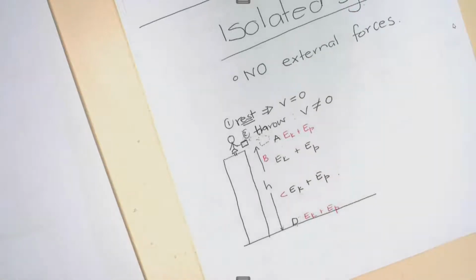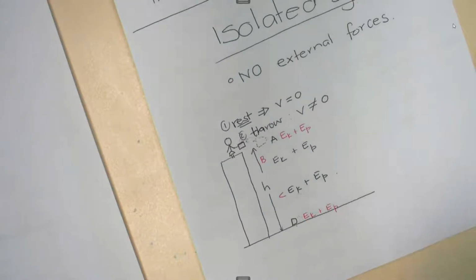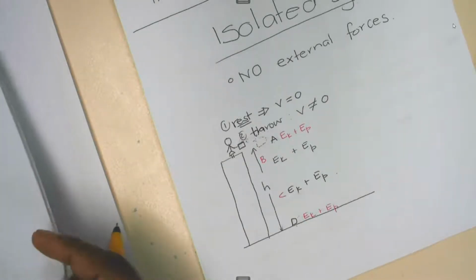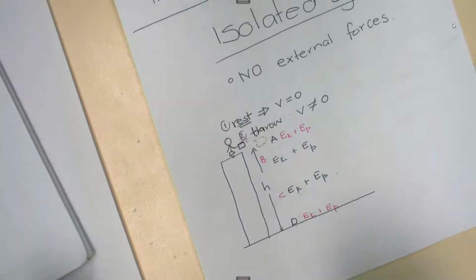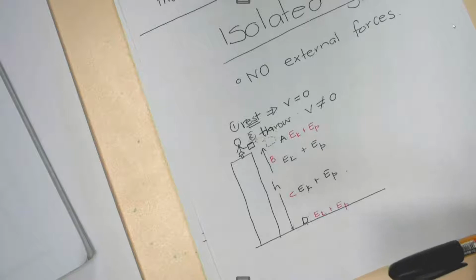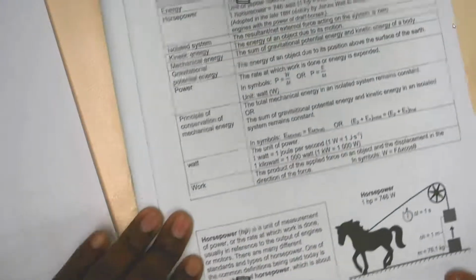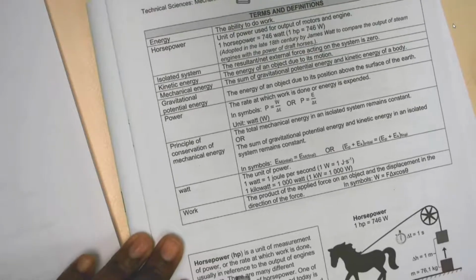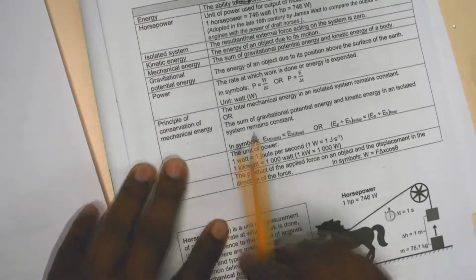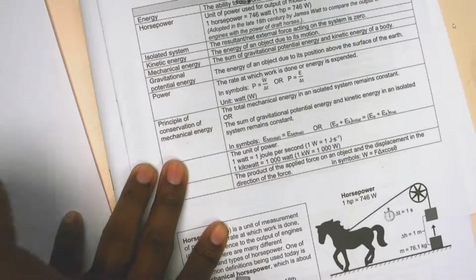Now, what we can say is that the sum of these two energies in an isolated system is conserved. It does not change. That means when you add them together, you get the same value always. That takes us to the principle of conservation of mechanical energy. It says that the total mechanical energy in an isolated system remains constant.